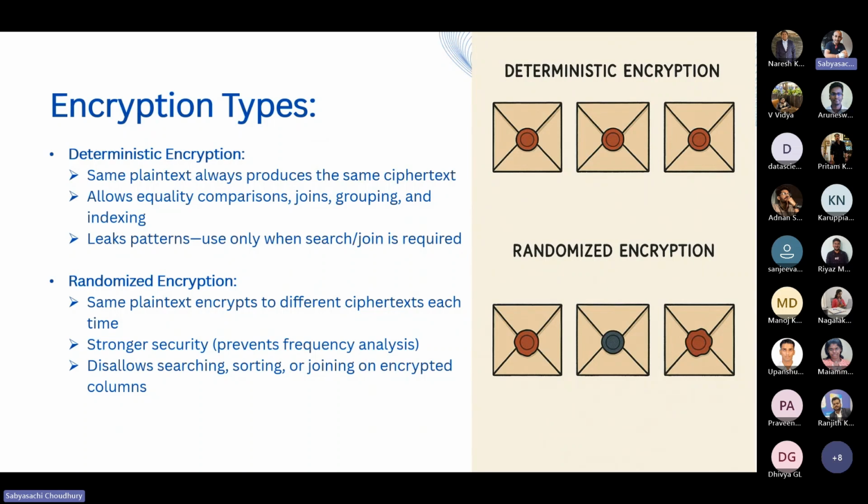Here you can see we have three envelopes, and if the column value is RAM, then everywhere the RAM value appears, it will show the same encrypted value. But randomized gives different encrypted text every time, even for the same input. This is more secure, but you lose the ability to search or filter those columns in SQL Server, as it disallows searching, sorting, and joining on randomized encryption.